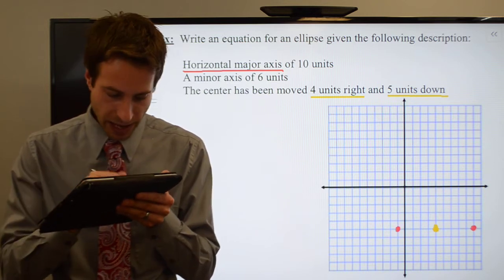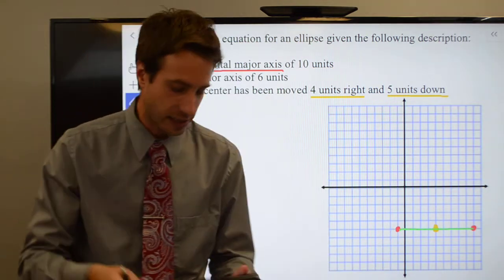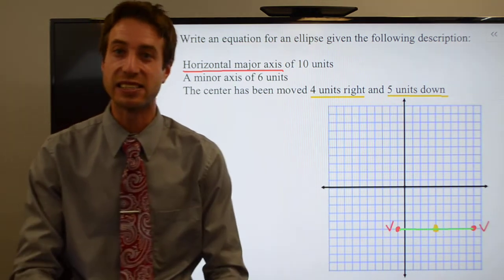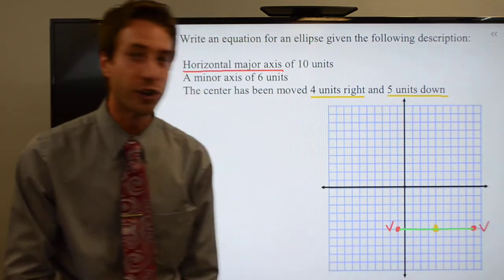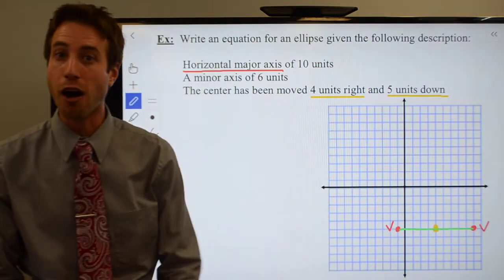There's that one. This is my major axis because I was told the major axis is horizontal. That is a vertex and that is a vertex. So there are the vertices of my ellipse. The vertices are the end points of the major axis.